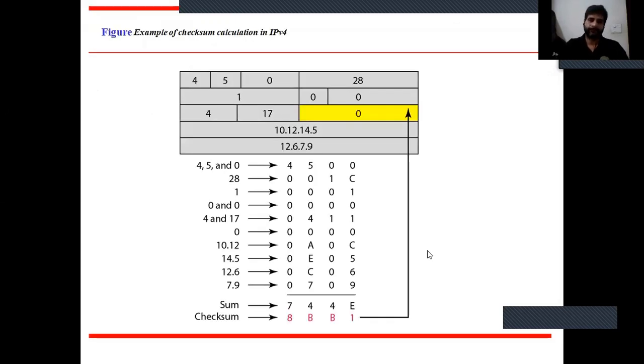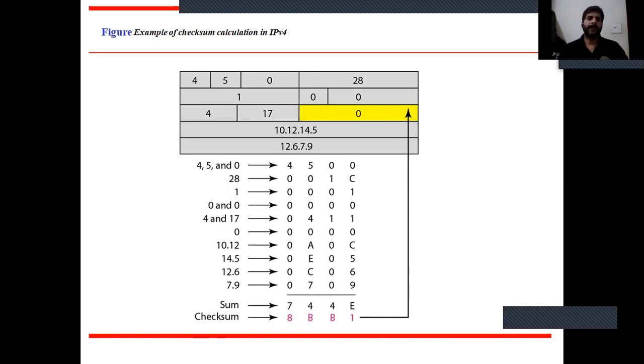For example, the checksum field is denoted here. 4, 5 and 0 are represented like this, 0, 28 is represented by this, 1 by this, 0, 0 by this, 4, 17 by this, and this is the total sum of these. After the sum, we find the checksum value 8BB1. This is the value of the checksum.